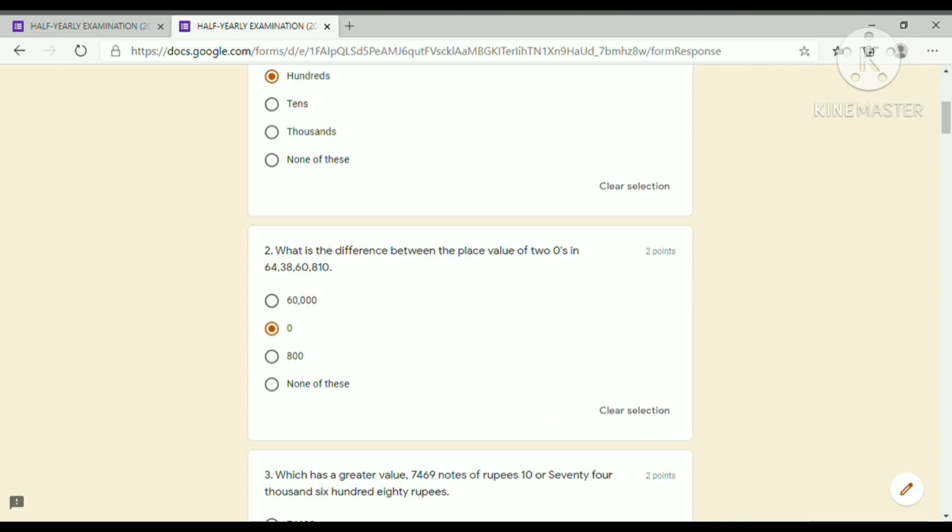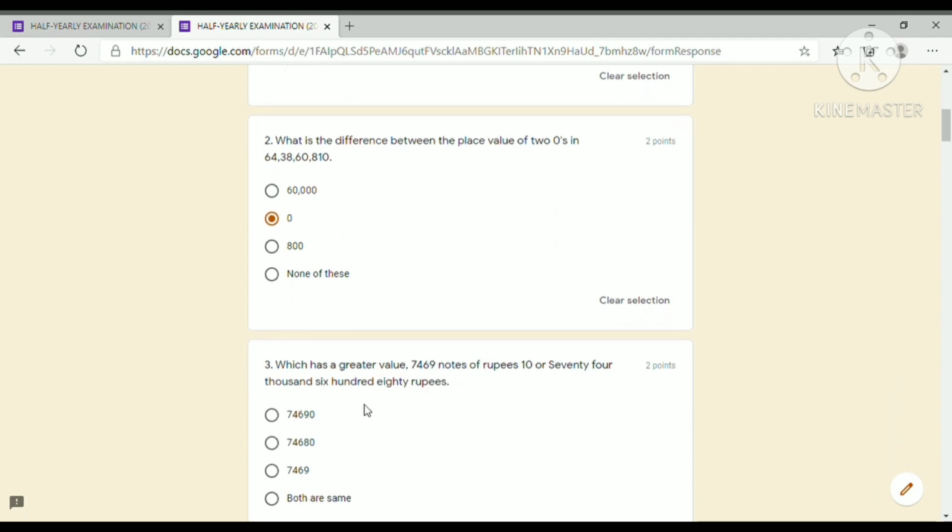Naturally, what will be the correct option? The correct option is the one having a greater value. The greater value is 74690. The other options are 74680 and 7469, both are the same. So if we compare the values, 74690 is having a greater value.